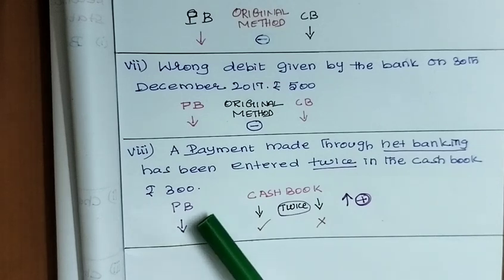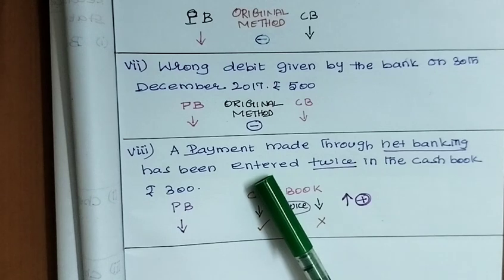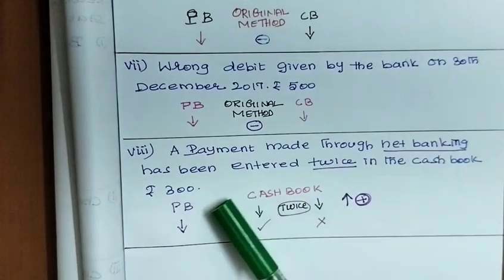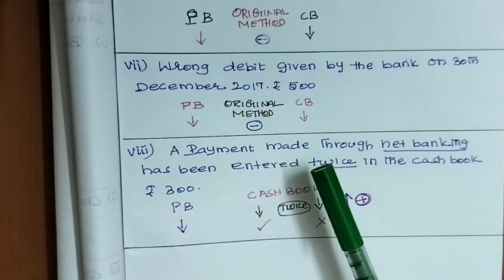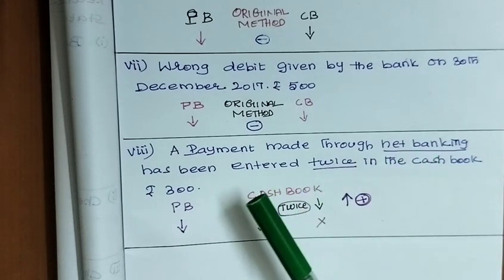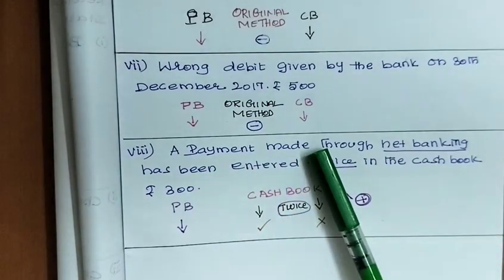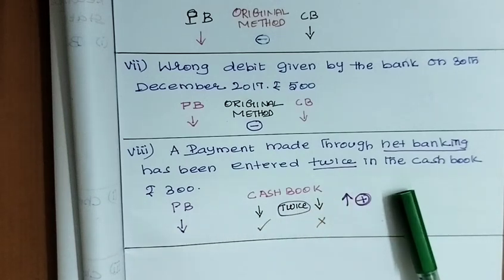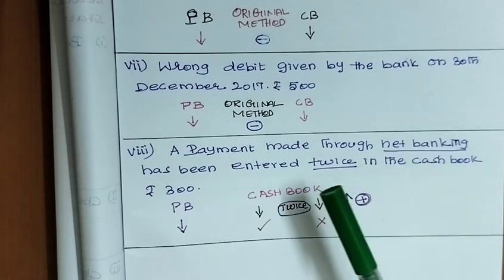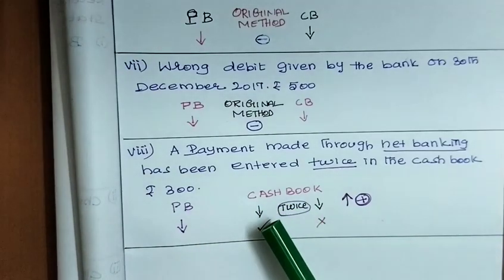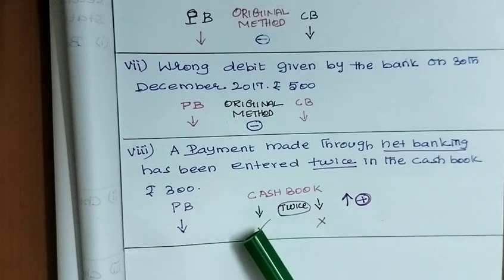So listen here, what about next? Net banking has been entered twice in the cash book, 300. So the bank's customer doesn't know about it. Through net banking the payment was made, so the bank passbook decreased. After receiving the bank statement only, the customer comes to know the bank made the payment. So after receiving the bank statement only, the cash book will be decreased.